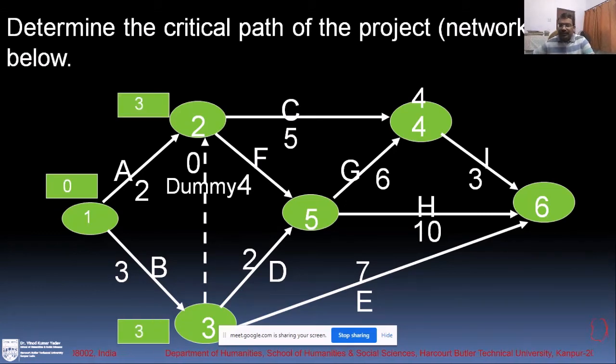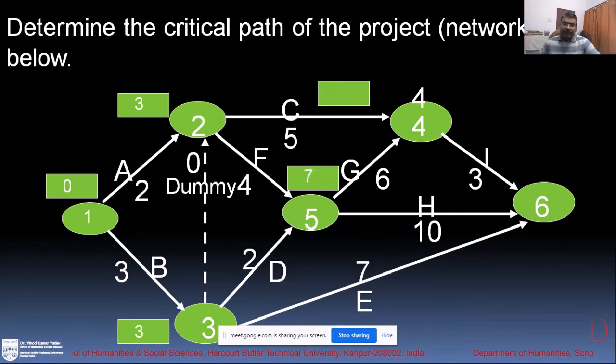Why is it 3? Now this is a very crucial question. Why 3? This is 3 because we take the highest. Highest means this is in the dummy activity, so you add 0 in this activity, and you will get 3 here.